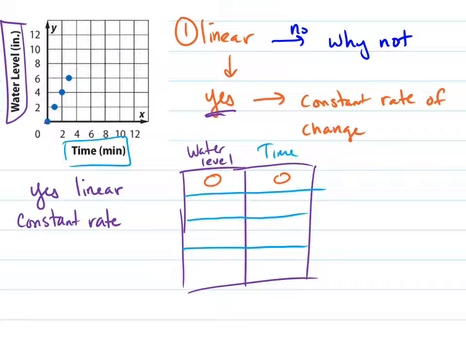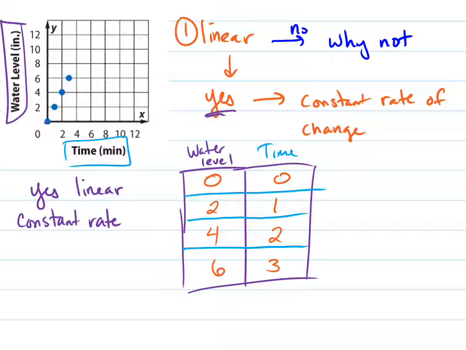And it looks like it is going up by 2's in water level. Time is going up by 1, so it's 1, 2, 3. At 1 minute, water level is 2. At 2 minutes, water level is 4. At 3 minutes, water level is 6.